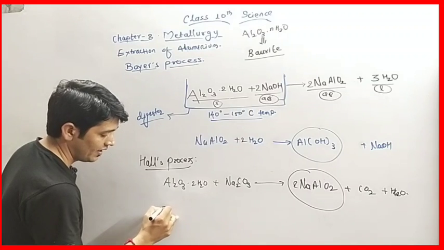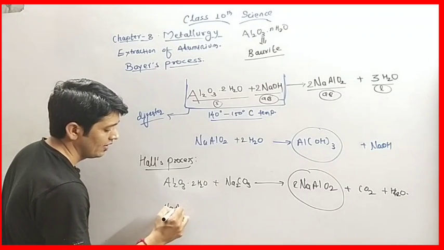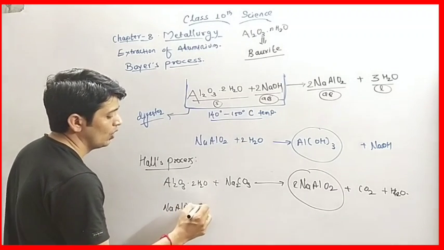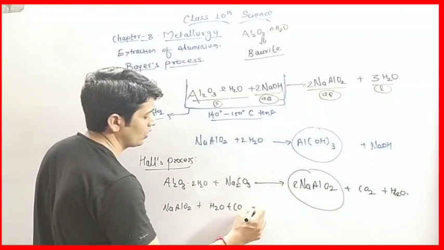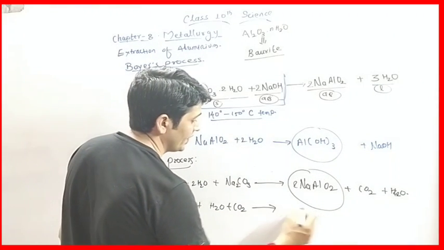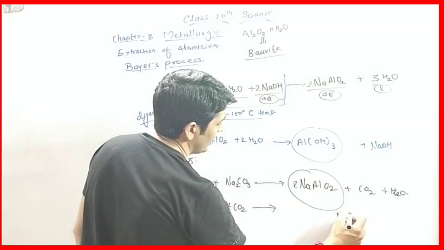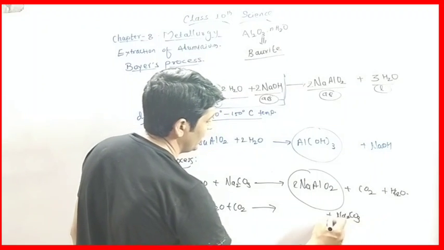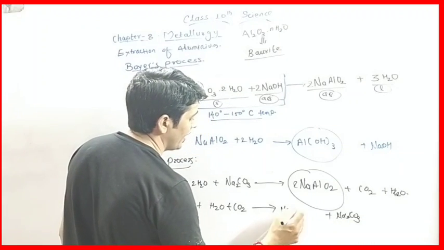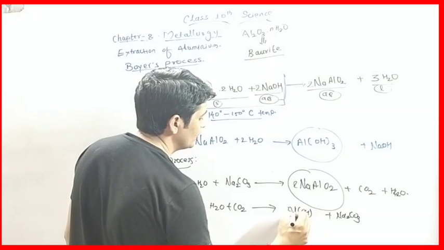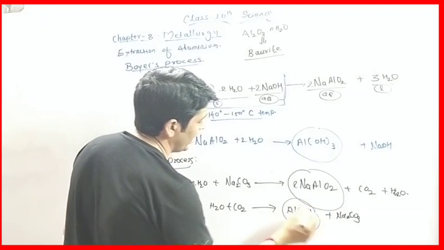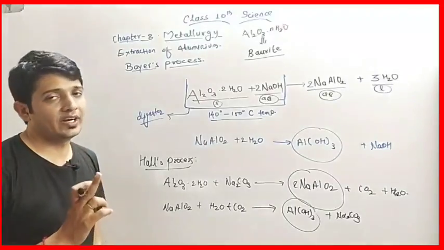Then NaAlO2 is again treated with water and carbon dioxide to form Na2CO3 plus Al(OH)3. Here again aluminium hydroxide is formed.